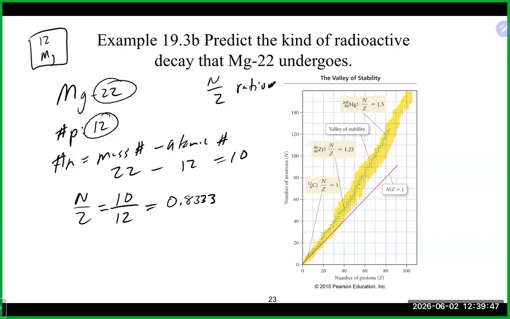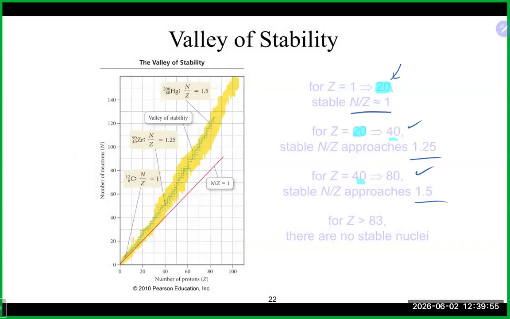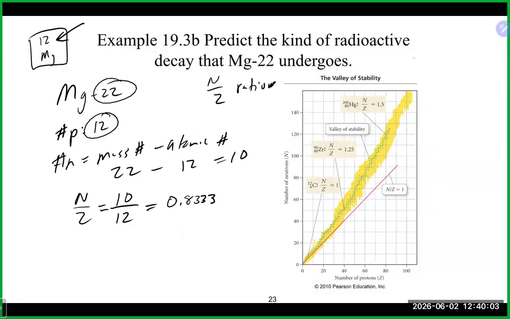Now, when we look at the atomic number here, which is 12, that puts us at our first cutoff, 1 through 20. And our acceptable ratio here should be 1. So an acceptable stable ratio should be 1. When we look at this, this is too low.